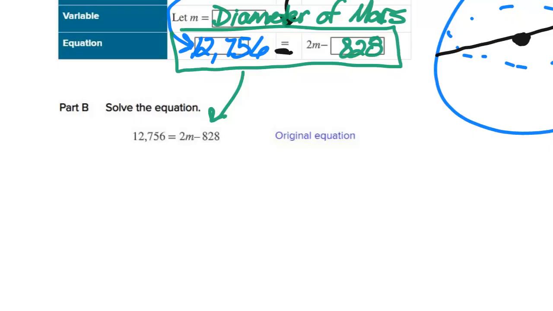I am trying to solve for M. If I'm trying to solve for M, I do not want to move M if I don't have to. So let's get rid of everything outside of M. What would I be trying to get rid of?